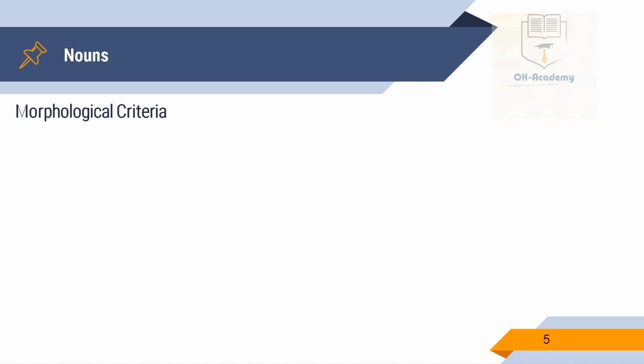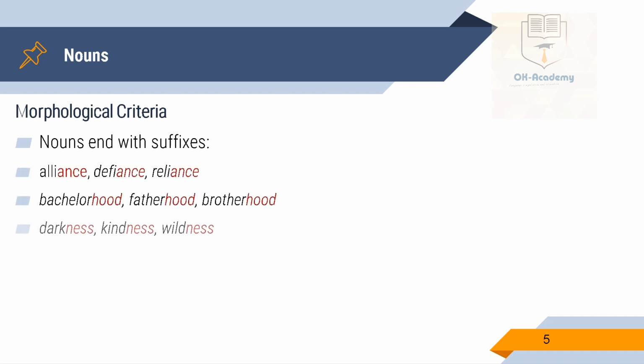So how do we recognize a noun? We have the morphological criteria and the distributional criteria as well. Let's start with the morphological criteria. Nouns end with certain suffixes. If we see these suffixes attached to a word, we can say this word is a noun.